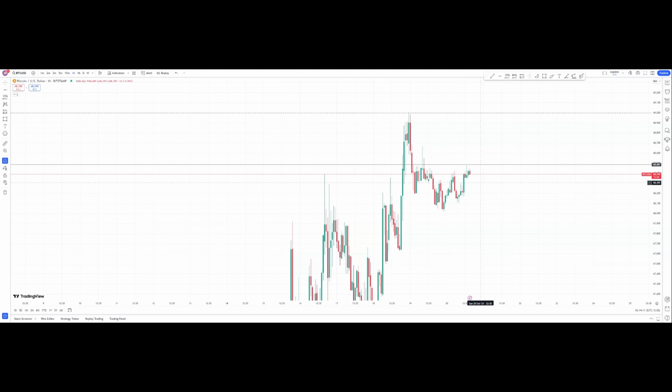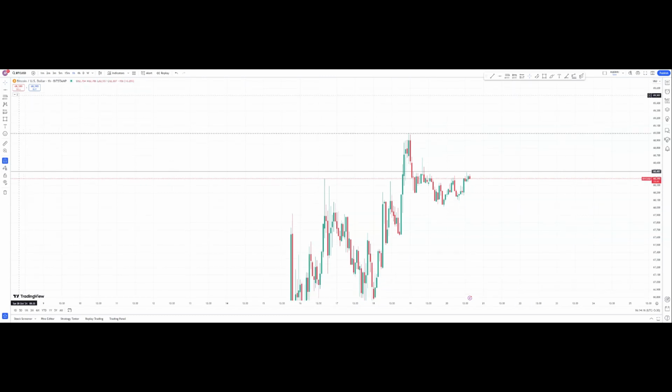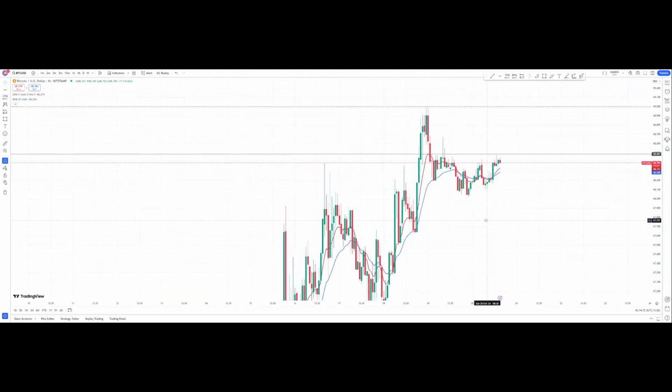And also, let's see how it is happening on the moving averages. Is it trading near the moving averages? Right now I have two moving averages available on my system, exponential 9 and 20. If you look at that, the market is very well above the 20 and 9 moving averages, right?